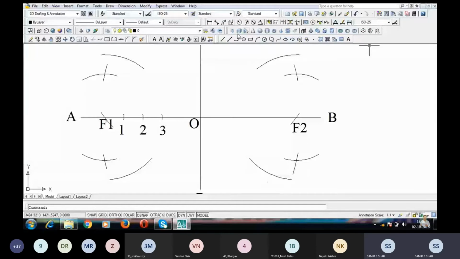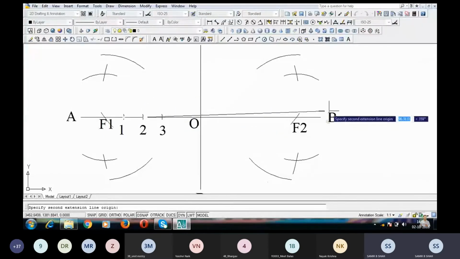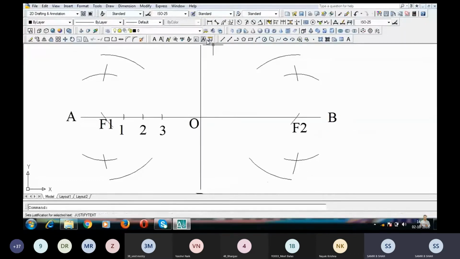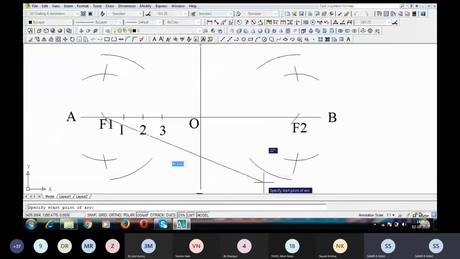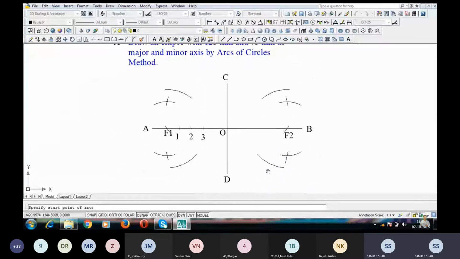All right, let me check this one once again. This is 92.5. All right, now, first of all, we have this F1 as center, 92.5. This way, this way.